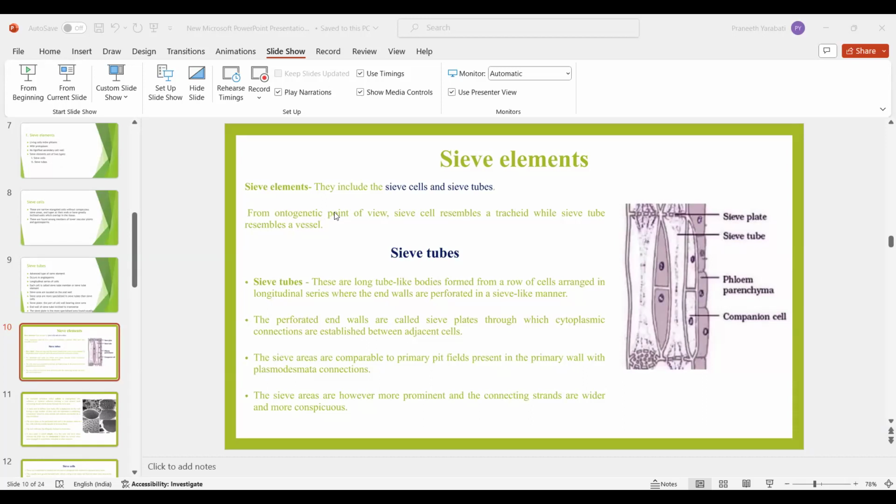So in gymnosperms, companion cells are absent. In place of companion cells, albuminous cells are present. So the answer is companion cells.